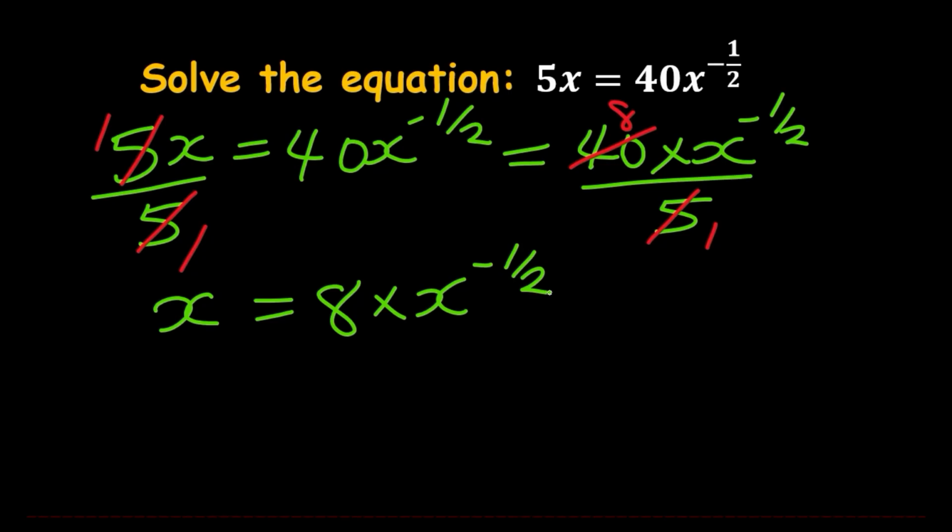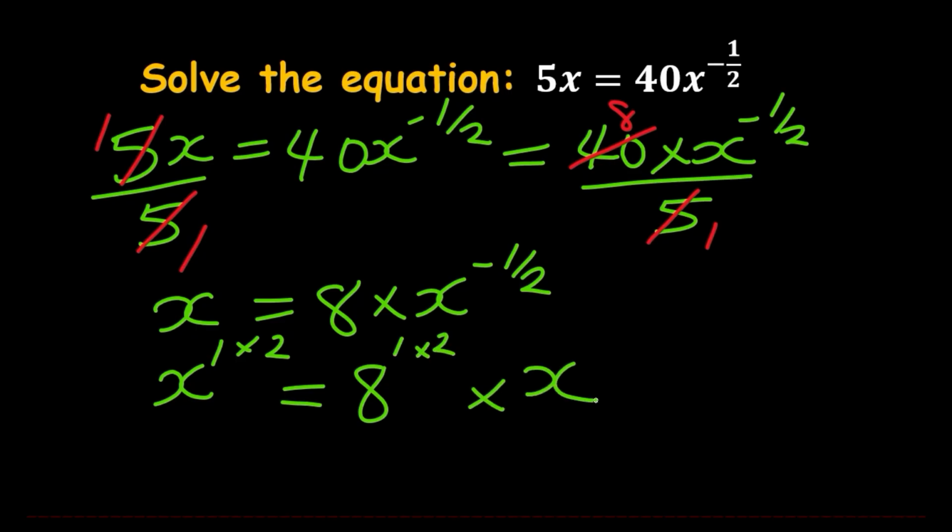Now we multiply the powers by 2. x raised to the power 1 times 2 is equal to 8 raised to the power 1 times 2 times x raised to the power minus 1 over 2 times 2.